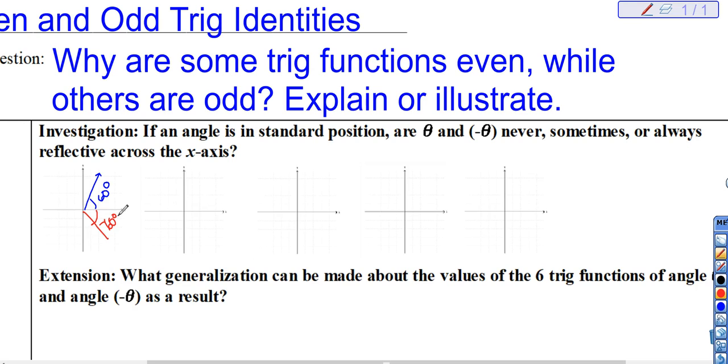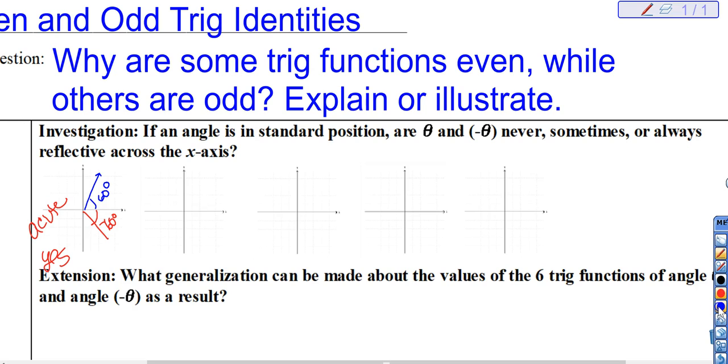That is opposite signs. Here's my question. Are they reflective across the x-axis? Yes? Okay, so we're going to say yes to the acute angles. Okay, so far, maybe always reflective.